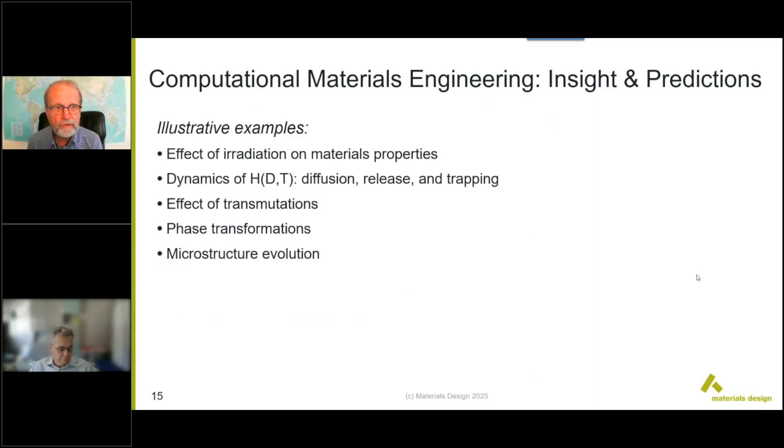Then we'll look at the effect of transmutations, and that will lead us into the world of cluster expansion and phases and phase transformations. And we end up on the microstructure level, how to predict the evolution of a microstructure.